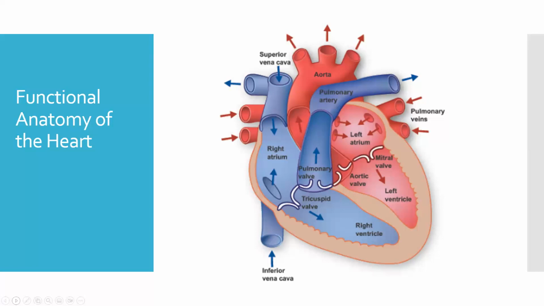With left heart failure, the symptomatology that ensues follows from what's happening. The pressures back up into the pulmonary vasculature, causing leakiness, causing fluid to go from the vascular space in the vessels across the alveolar capillary membrane into the lungs.